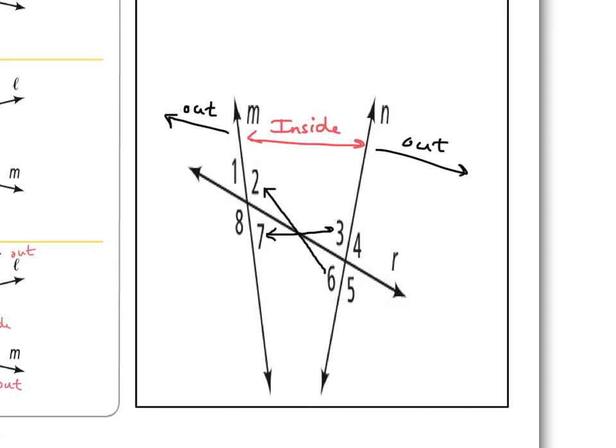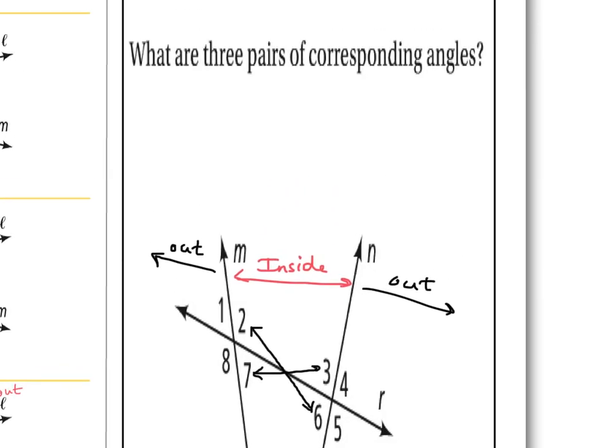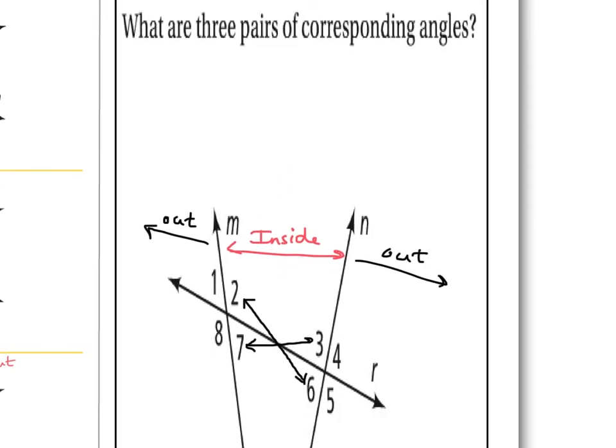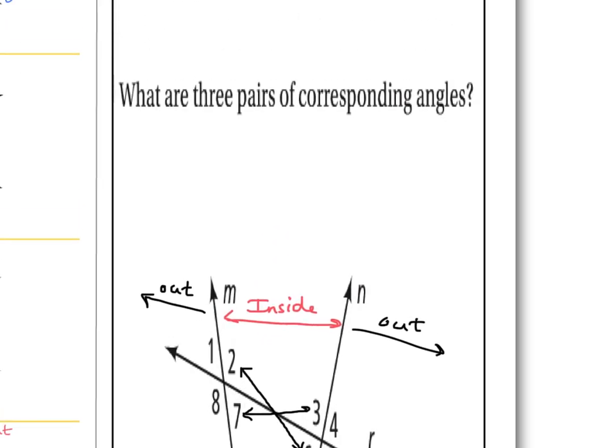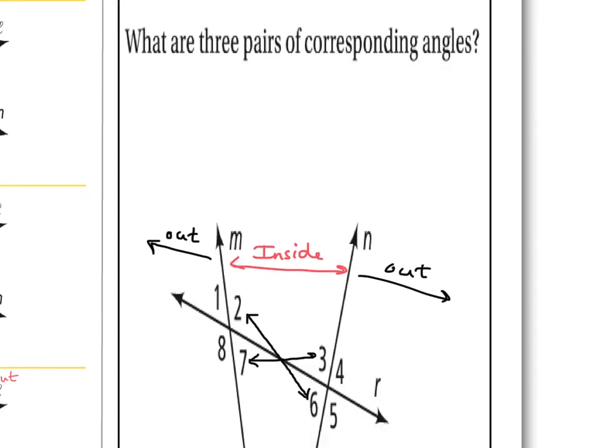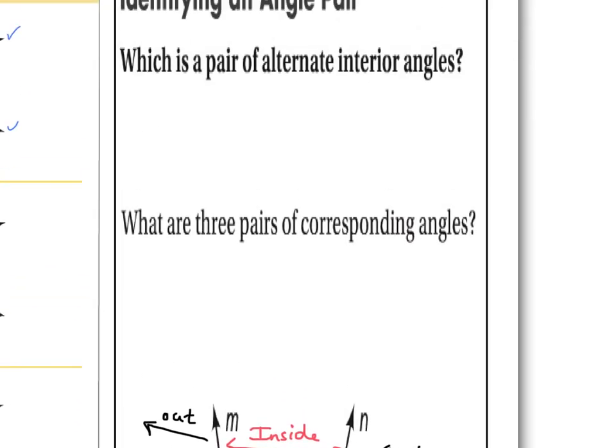And these 2 together, that's alternate interior. So as I'm looking at these, they're on different sides of the transversal, and they're on the inside of L and M. So I've got 2 and 6 and 3 and 7. 2 and 6 is a pair. 3 and 7 are a pair of alternate interior angles.